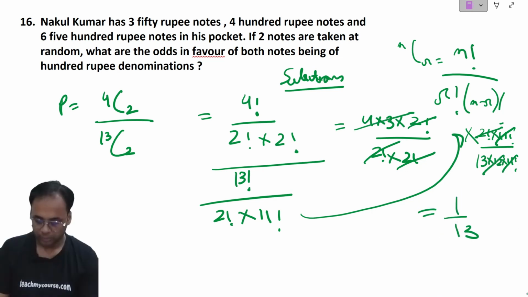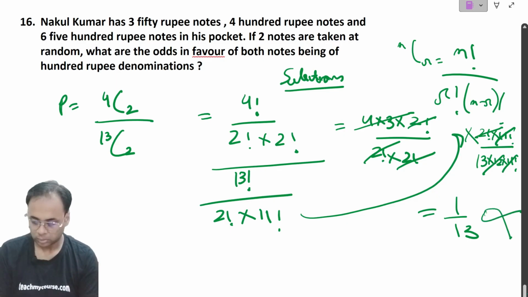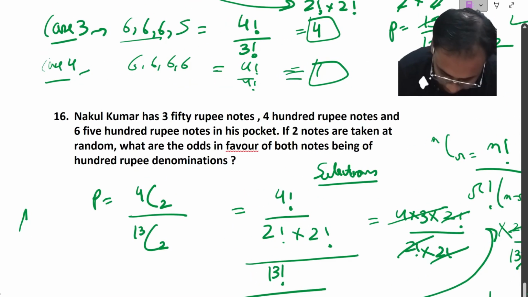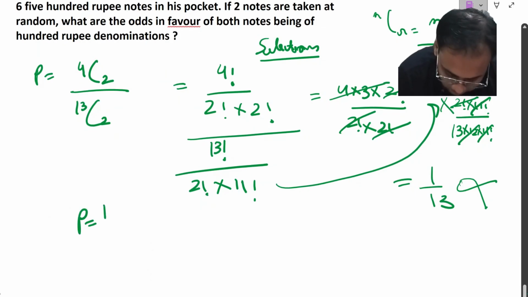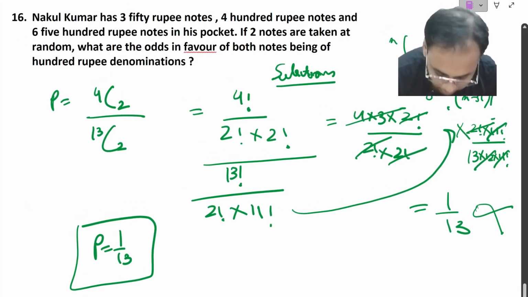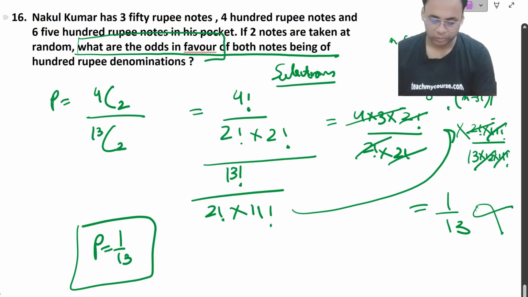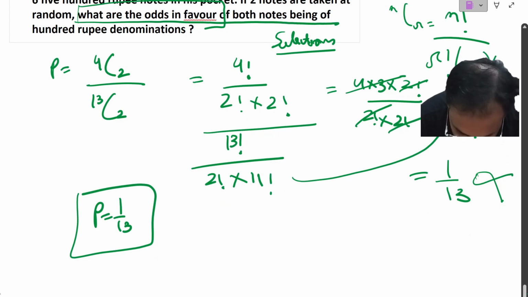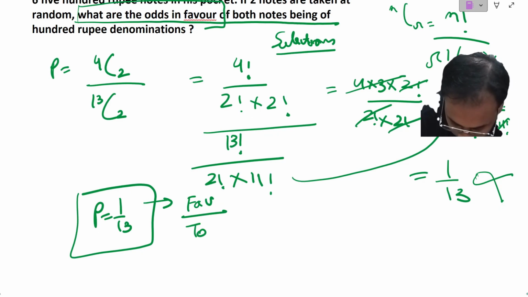4 into 3 is 12, so it comes out to be 1 by 13. And you say that 1 by 13 is the answer, but no, wrong, because 1 by 13 is just the probability of this event. But we need to find out the odds in favor of both notes. There is a slight difference between probability and odds in favor. Probability is favorable events upon total events.